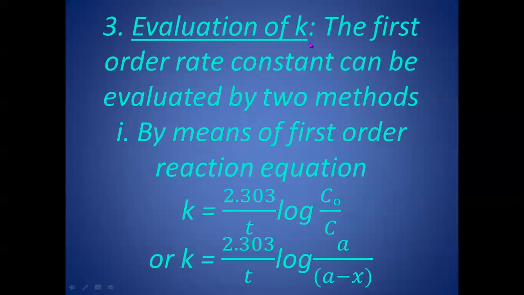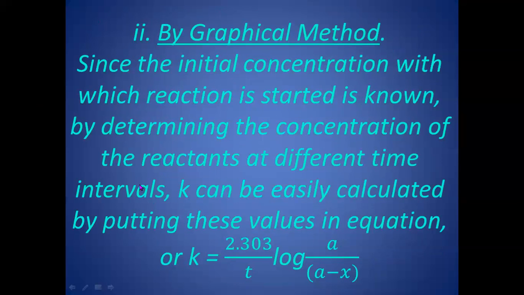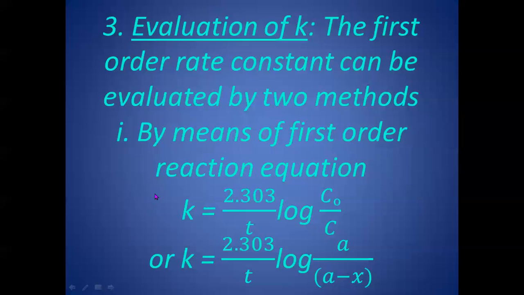Now, evaluation of K. The first order rate constant can be evaluated by two methods, either by theoretical means, after doing practical, we can do some calculations and we can calculate the value of K. Always the K will be constant, or we will get same values.